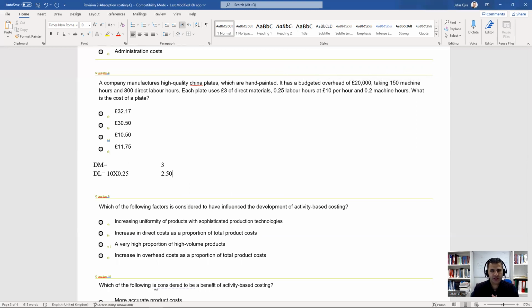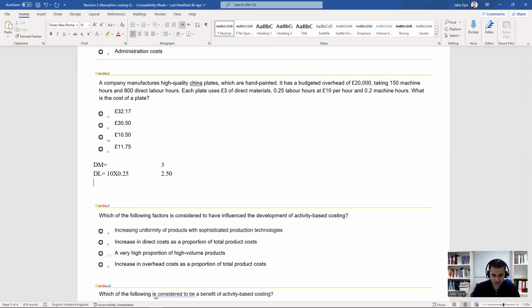We have direct material and direct labor. Now what's next? Just overhead. The question tells you the budgeted overhead is 20,000, which is fine, but how can you absorb the overhead? The question gives you 150 machine hours and also 800 labor hours.